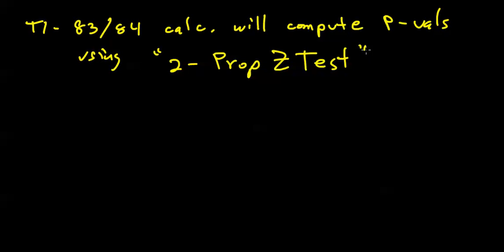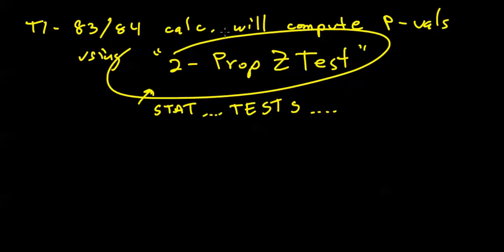Prop because we're dealing with two proportions from two different populations, and you find this under the stat menu. You hit your stat button, and then highlight and select the tests submenu, and then you'll scroll down in that submenu and you'll find the 2-PropZTest command.